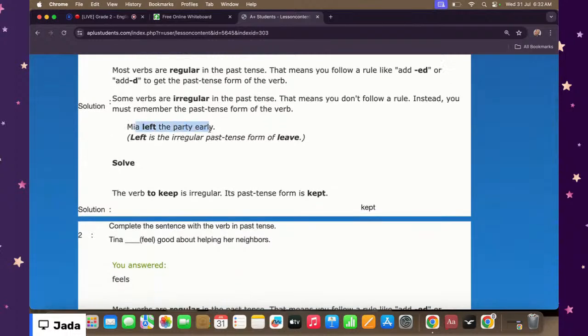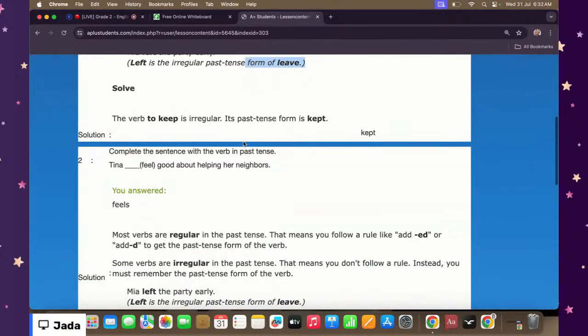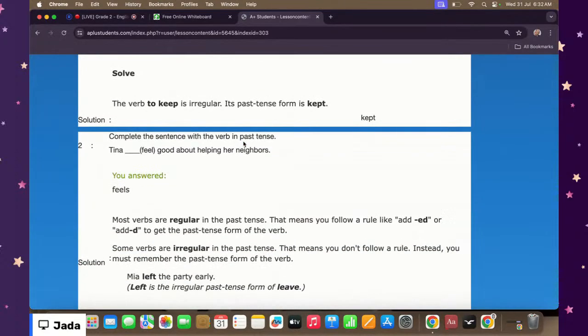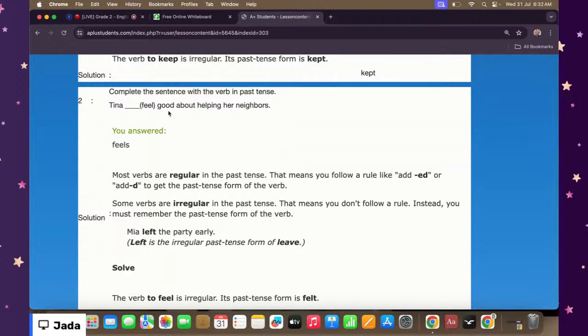Maya left the party early. Now, left is the irregular past tense form of leave. So leave is the present and left is the past. Tina dash feel good about helping her neighbors.